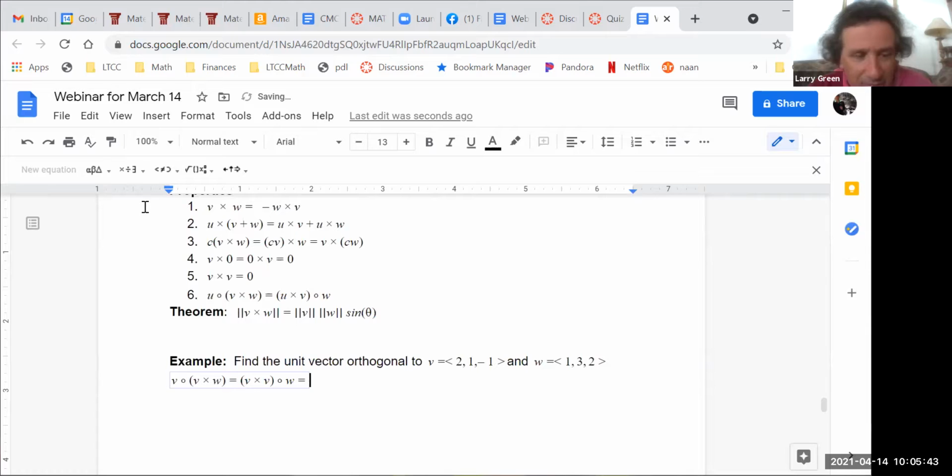And also W dotted with V cross W is equal to W dotted with negative W cross V, so I can pull the negative outside, as I'm always allowed to do with constants.